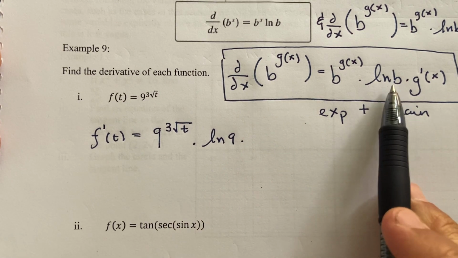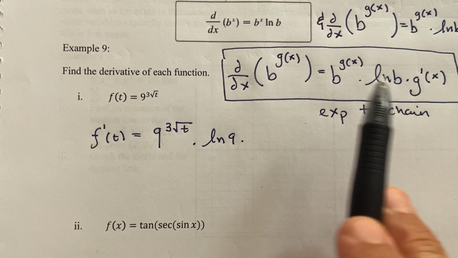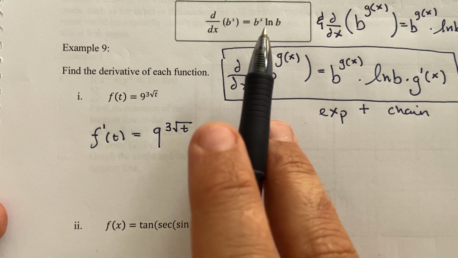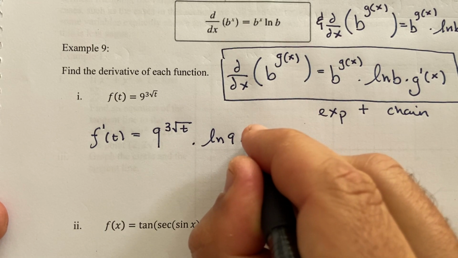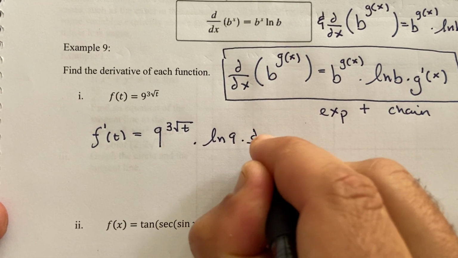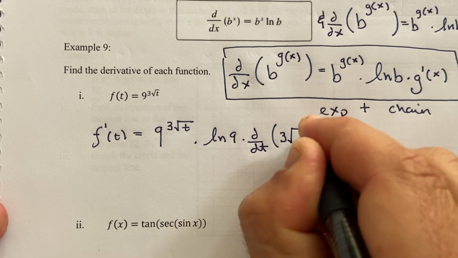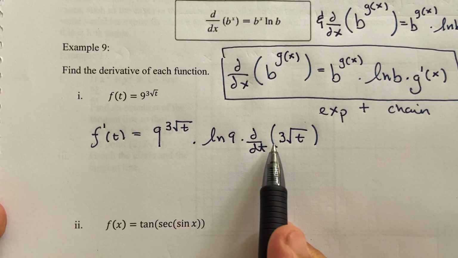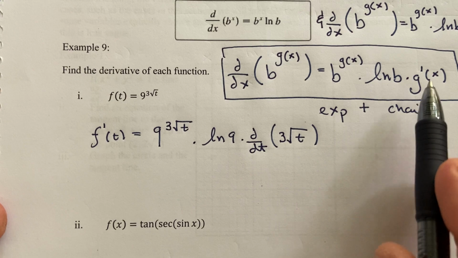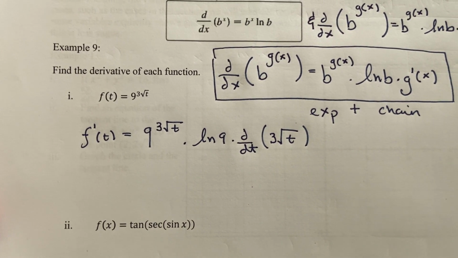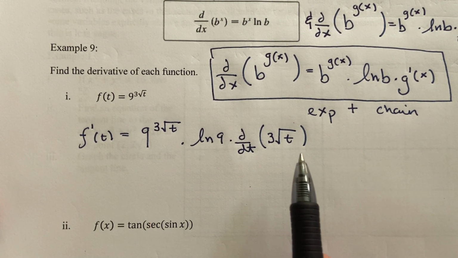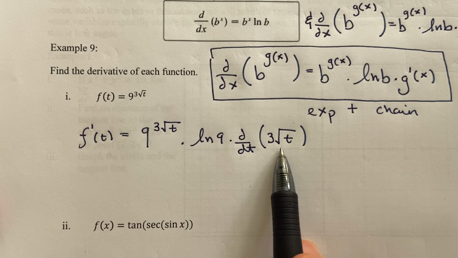But then, according to this more specific version of this derivative formula, I need to multiply by d dt of 3 root t, right? I still need to find this part. This is the chain rule piece, and that's why I included that over here. So I still need to take this derivative.